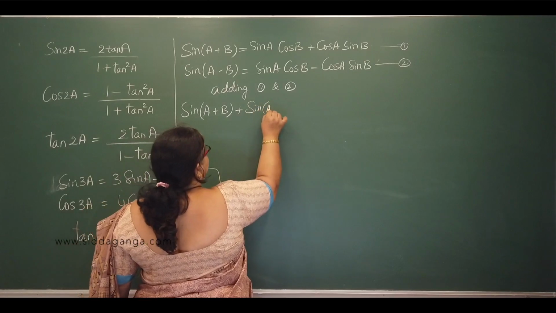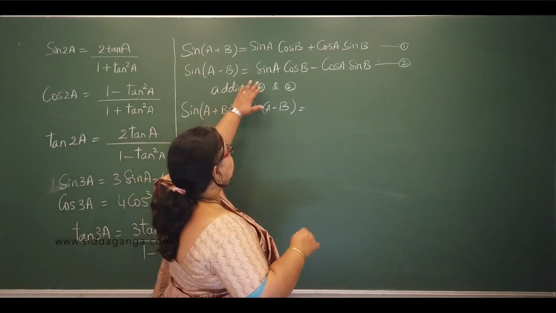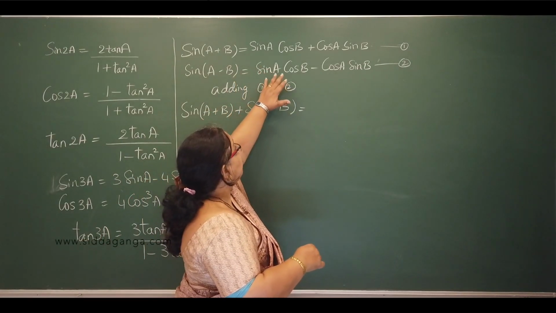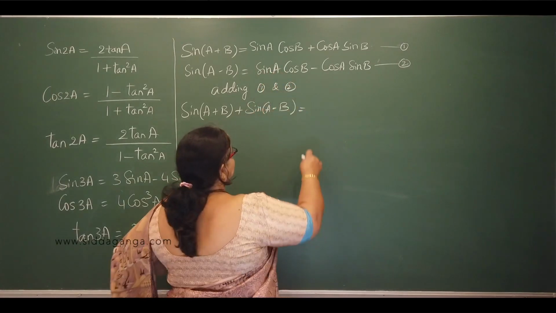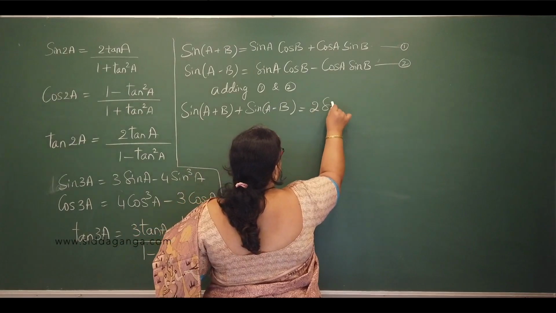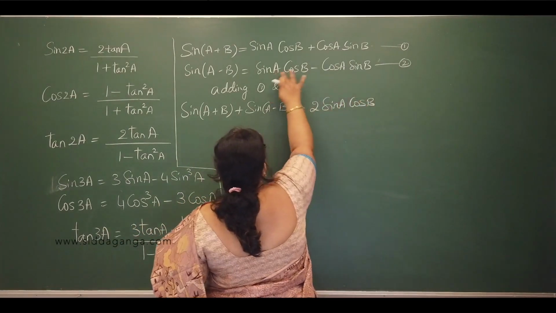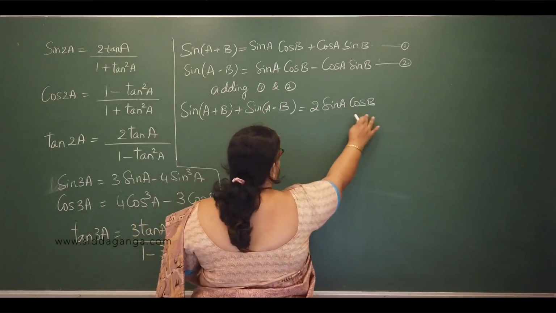is equal to 2 times sine A cos B, the first term, which contains two factors. In the above result, we get the first term factors, so we have to write this one.